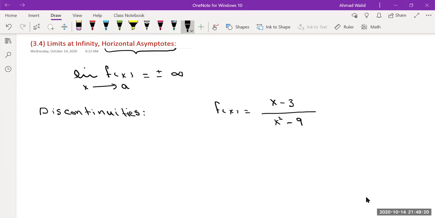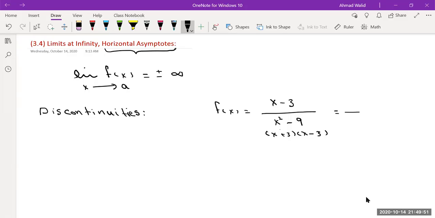Because your denominator cannot take 3, right? Even if I factor this, the denominator is x plus 3 and x minus 3. If you plug in 3, the denominator becomes 0, correct? That's why we say this function has a discontinuity, but this one is a removable discontinuity.